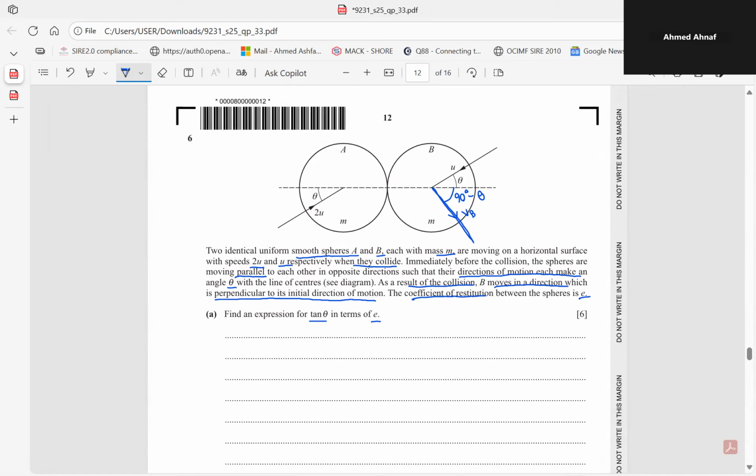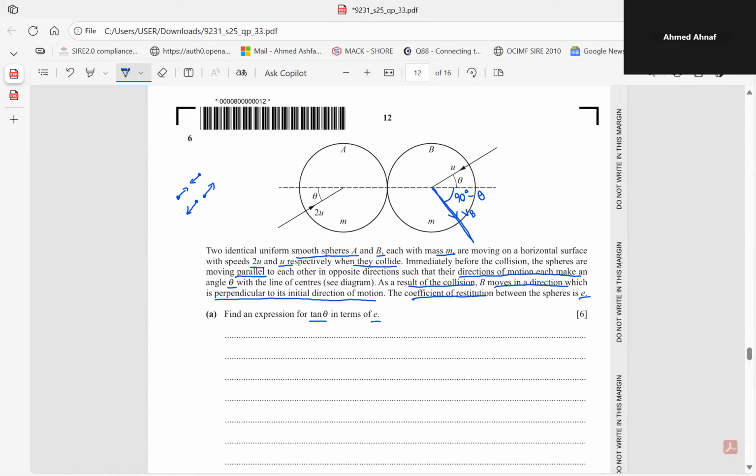Okay, so in order to do this question, we are first going to find the direction that they moved after they collided. So let's draw a diagram. They're moving like this. So logically speaking, they are supposed to go this way together.